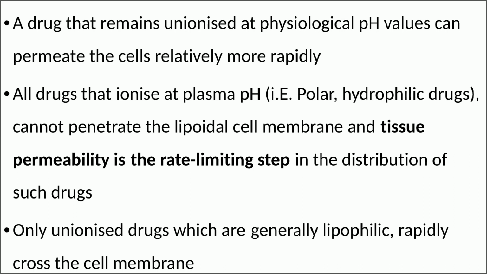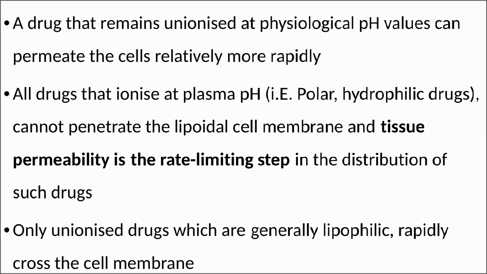So drugs which are highly polar and water soluble face difficulties while crossing or moving through the lipoidal cell membrane, and in the case of such drugs the permeability of drugs is the rate limiting step for distribution.